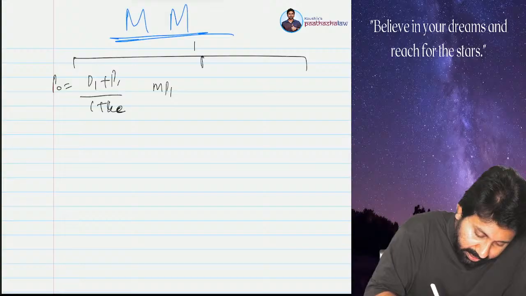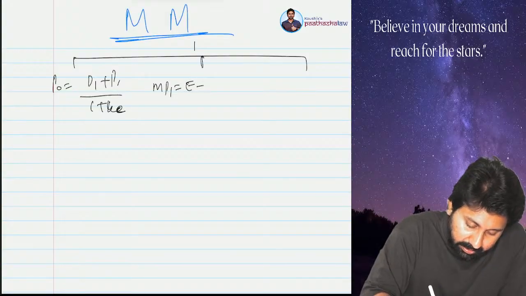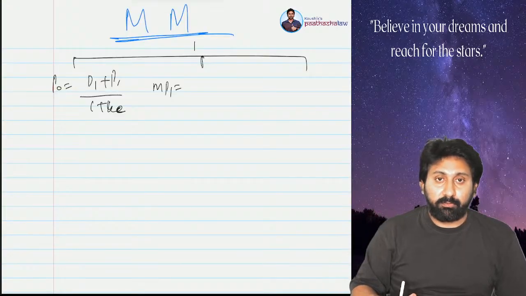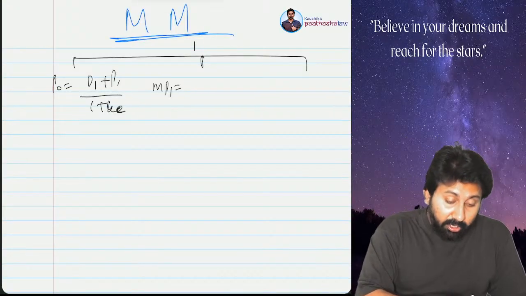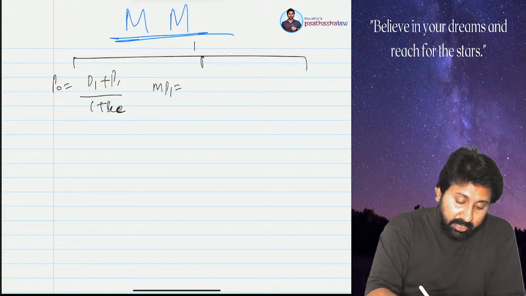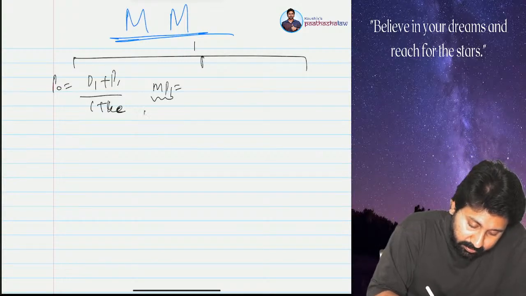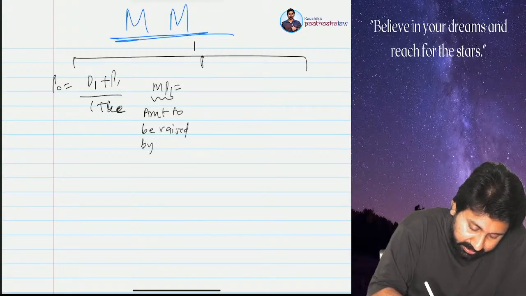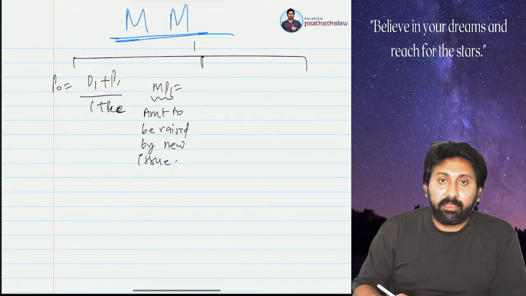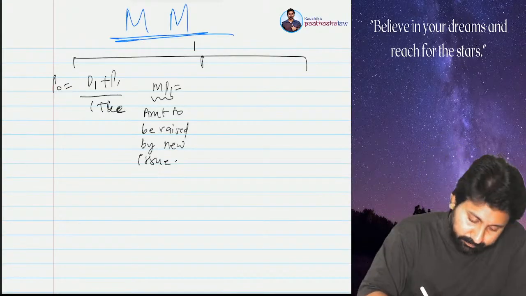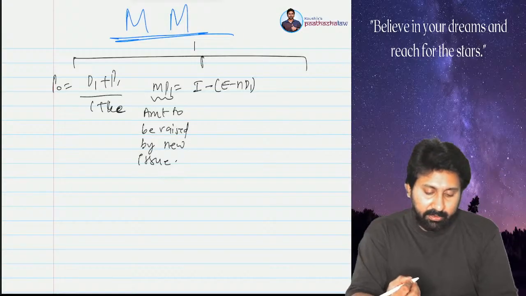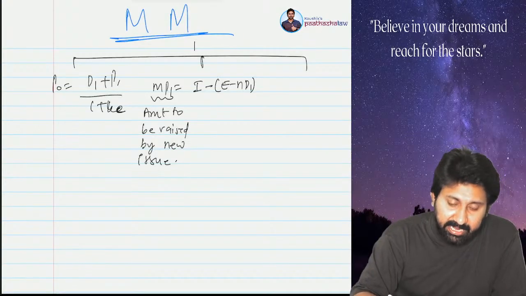Next, MP1 equal to I minus E minus ND1. Here MP1 is the notation you should know; it is the amount to be raised by new issue.